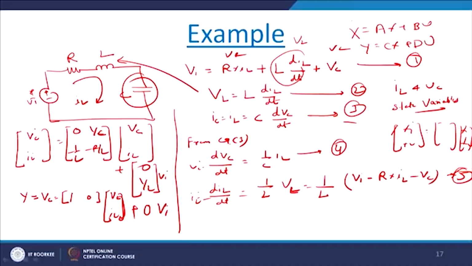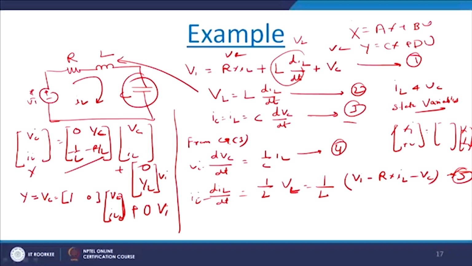Now this is your state space model of an electrical circuit, which is simple in nature, involving a resistor, an inductor and a capacitor, taking two energy storage elements. This is x dot, this equals A matrix, this corresponds to B matrix, then C matrix, and D is a 0 matrix, the A B C D matrices.